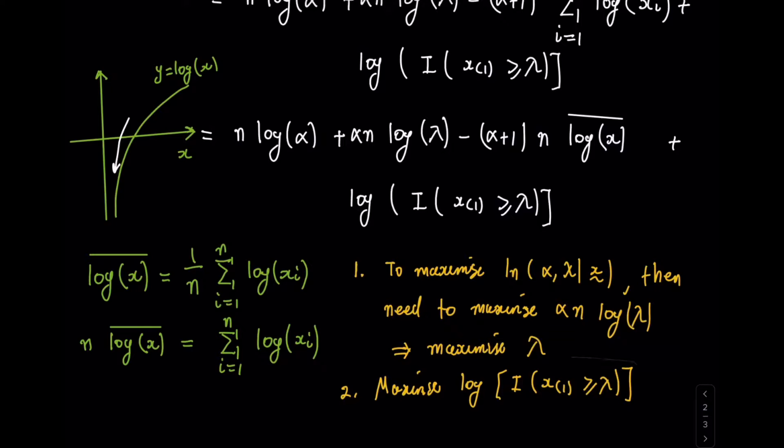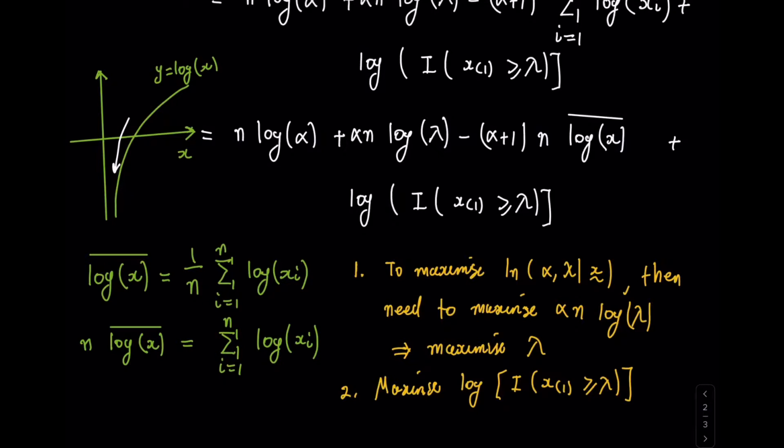It would diverge towards negative infinity. So we definitely don't want a negative infinity here, because we want to maximize. We don't want to minimize. And so we want to maintain the condition that I is equal to 1. When I is equal to 1, you get log of 1, which just collapses to 0. You avoid this divergence to infinity.